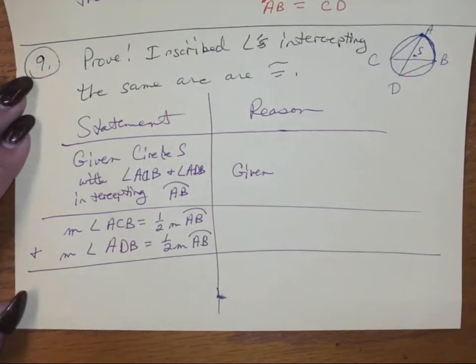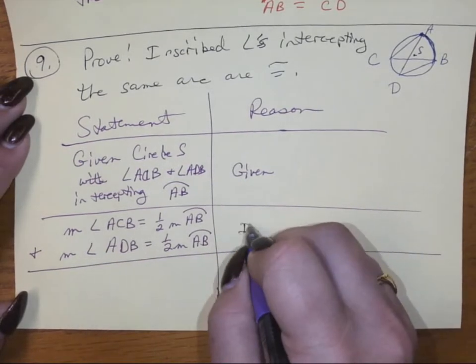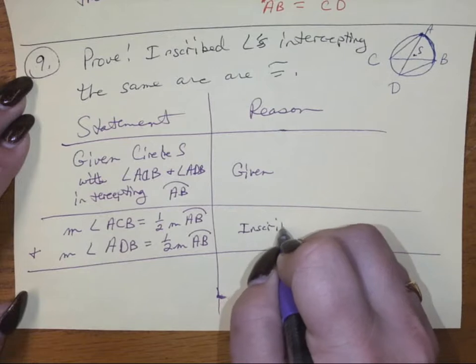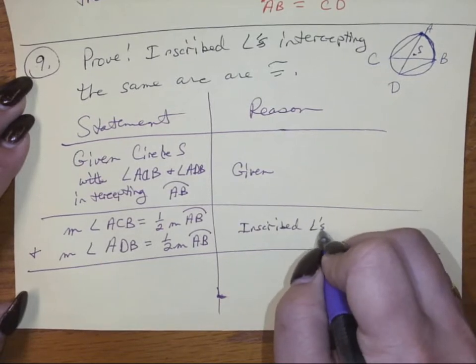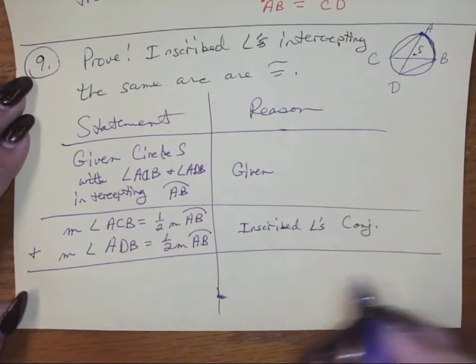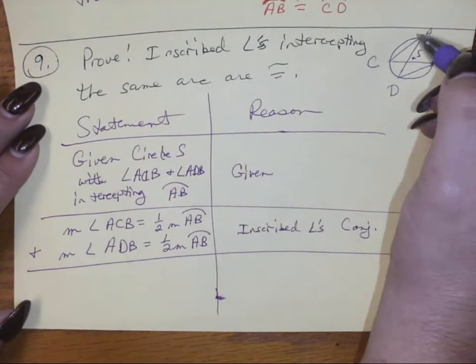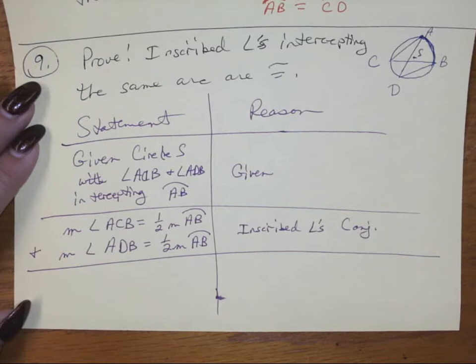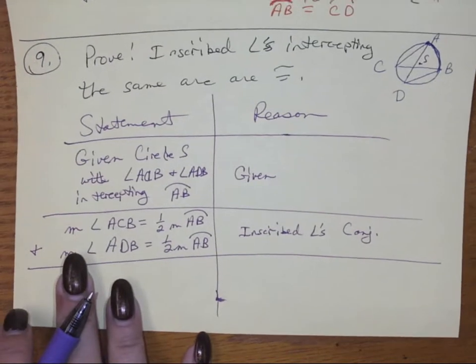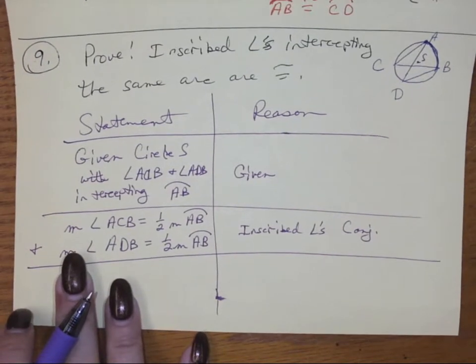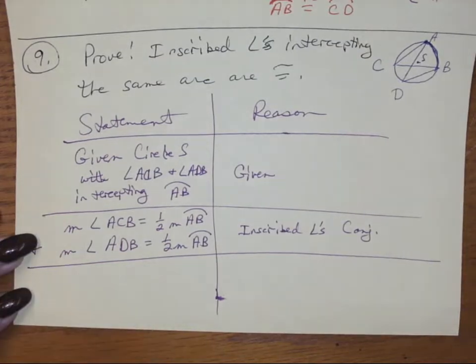Okay, and I know that because of, I just said it a second ago, inscribed angles conjecture. So both of them are half of that measurement. Whatever that measurement is, I don't care. I just know they're both half. So now that I know that they're both half, wait a minute, I see they're equal to the same thing. I can set them all congruent to each other, right?